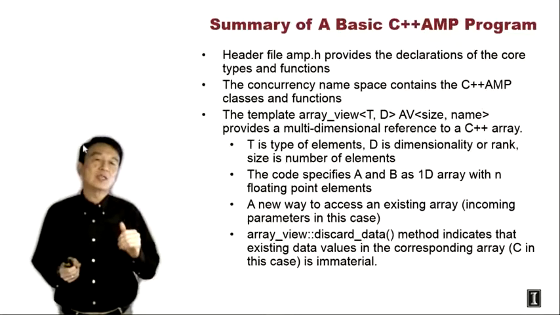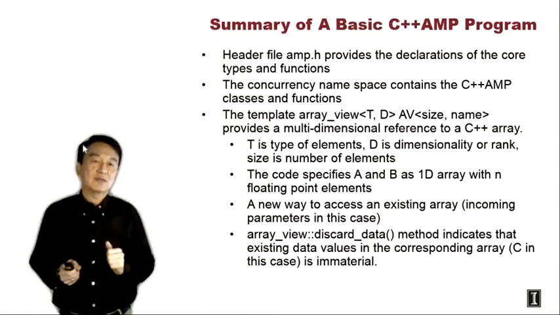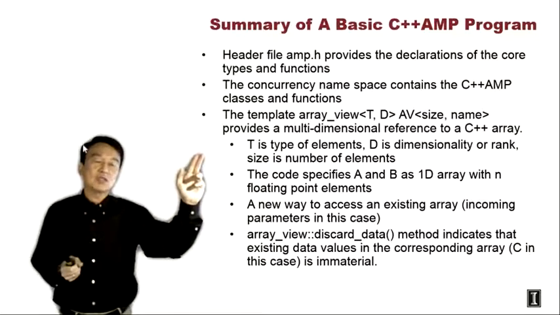This ensures that when you use the names of these functions, they will go to the right classes and functions. The third one is the template array_view, with T, D, and so on, which provides a multidimensional reference to a C++ array.